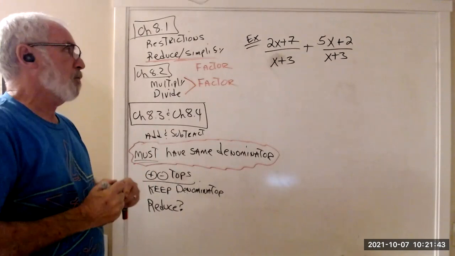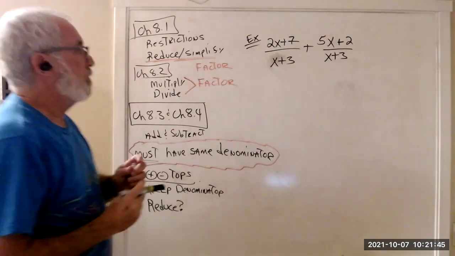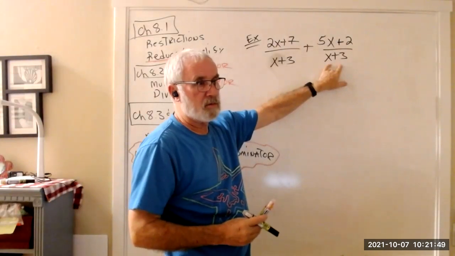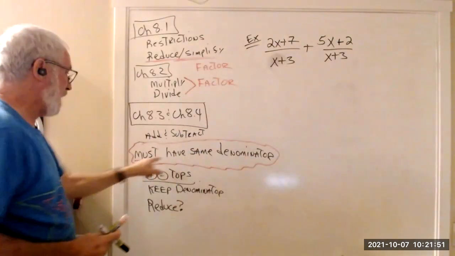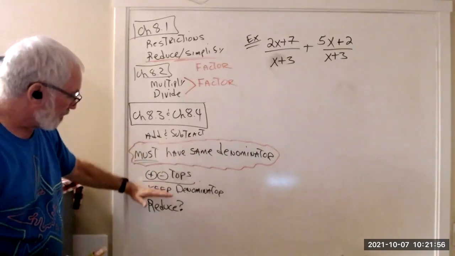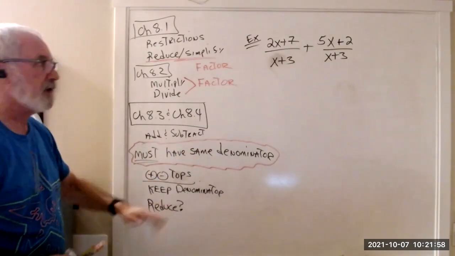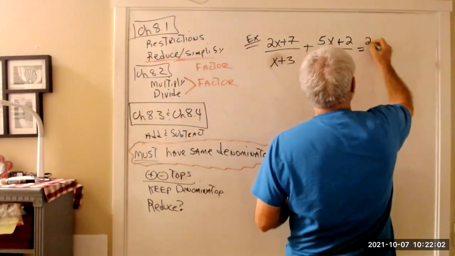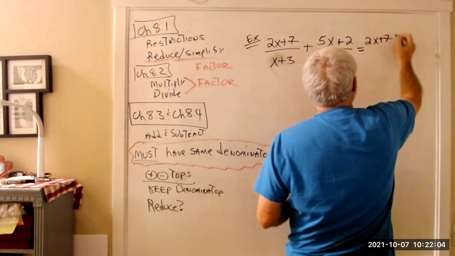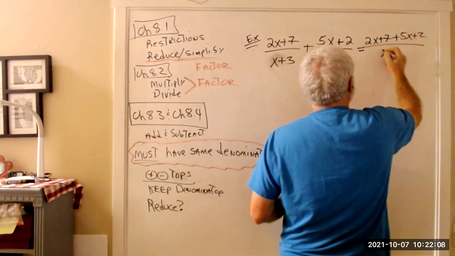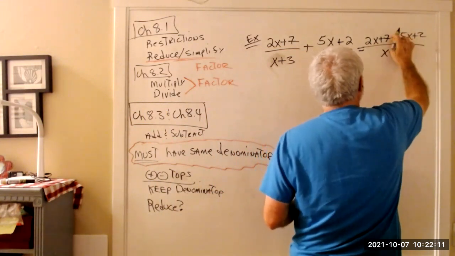So you go, oh, they already have the same denominator, so I can jump to this step. I can add the tops, keep the denominator. So in adding the tops, I have 2x plus 7 added with 5x plus 2, keep the x plus 3.